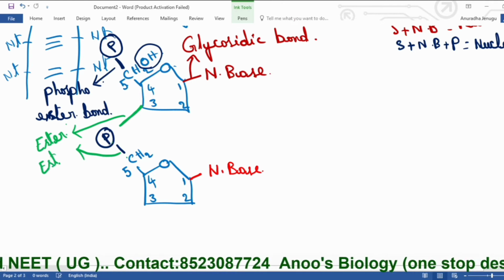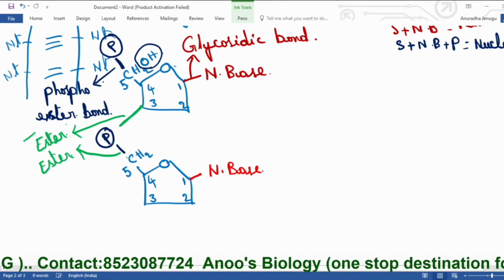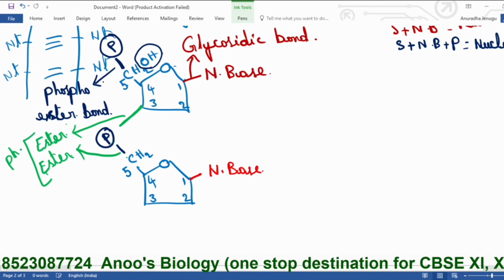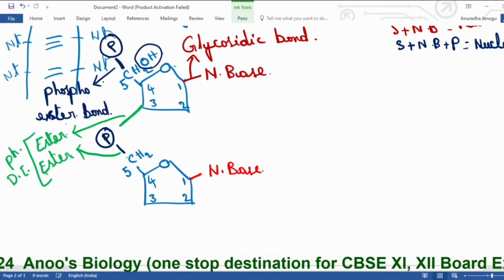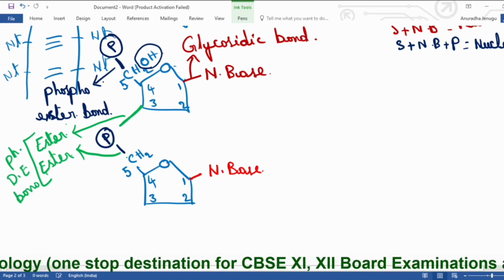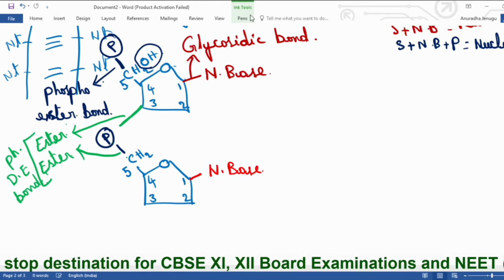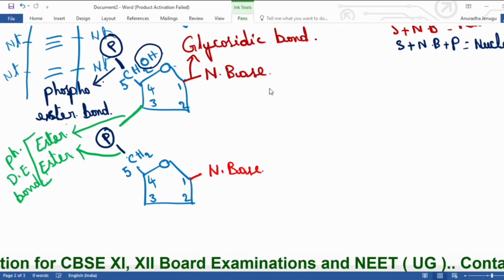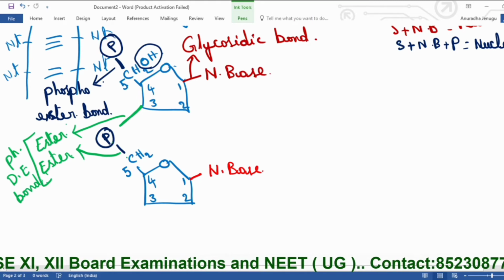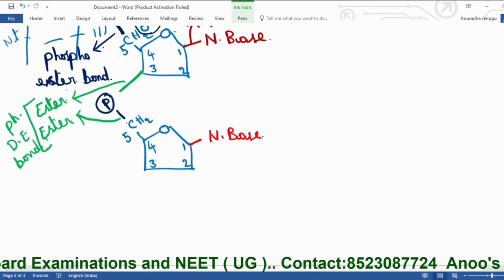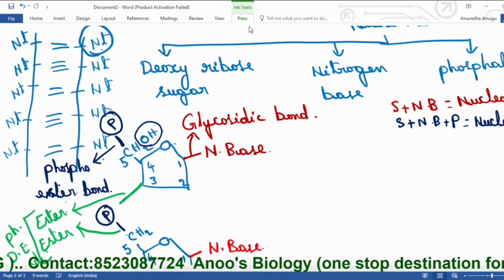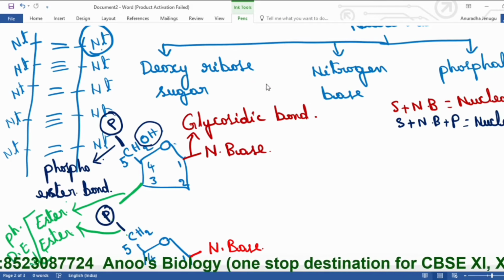These two ester bonds are phosphoester bonds. So the two together are called phosphodiester bonds. Like this, one nucleotide joins with the next one and so on to form a polynucleotide chain. I will draw one more nucleotide now. The chain is formed. Now we have studied the formation of one polynucleotide chain.